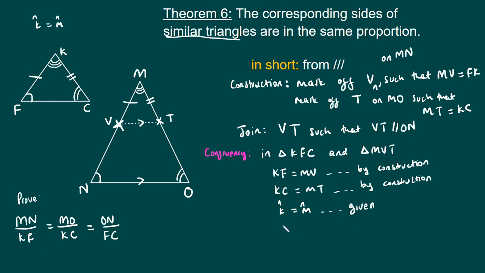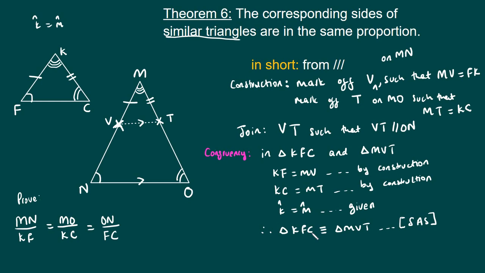Yeah, right. And then now that we have this, now what can we say? We say therefore this means that triangle KFC is congruent, remember the symbol for congruent, to triangle MVT. And then what is our reason? Remember, side, angle, side.